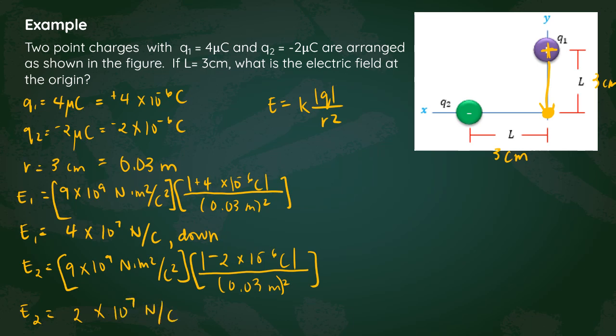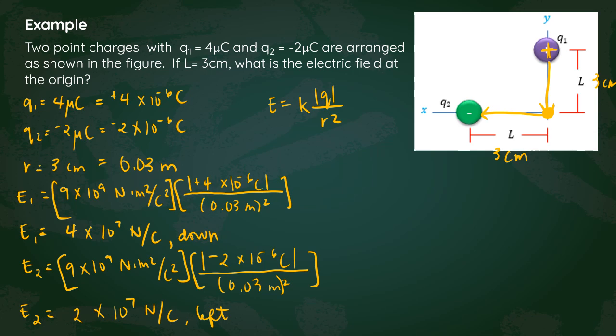Since this is a negative charge, our electric field will be moving towards it. And since it's moving towards it, the electric field experienced at the point of origin is directed to the left. Those are our two electric fields experienced at this point.